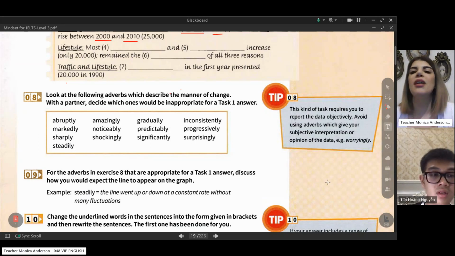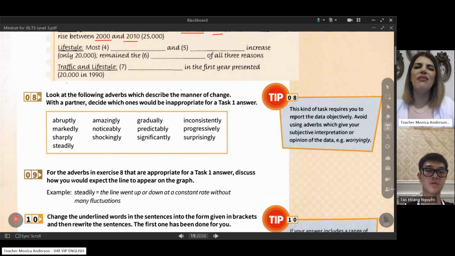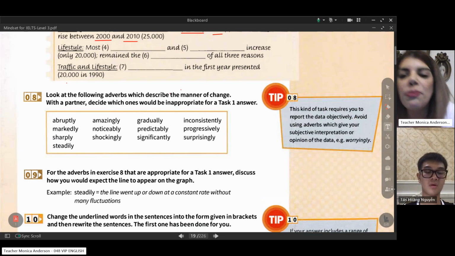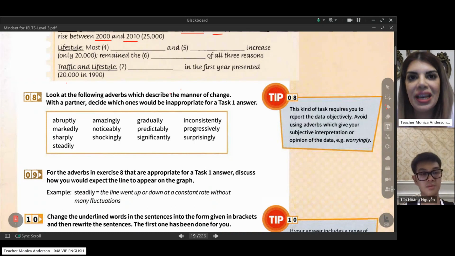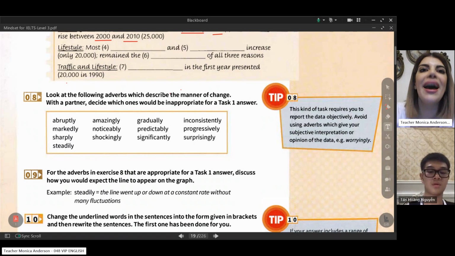Let me explain something. How can you use them? It's not bad to know how and where you use these adverbs. For example, let's start with abruptly. You know significantly and noticeably. Let's talk about some that you may not know. Abruptly, when you want to talk about a change indicated by the line that is fast and dramatic.